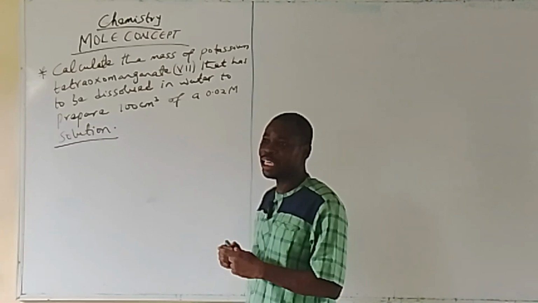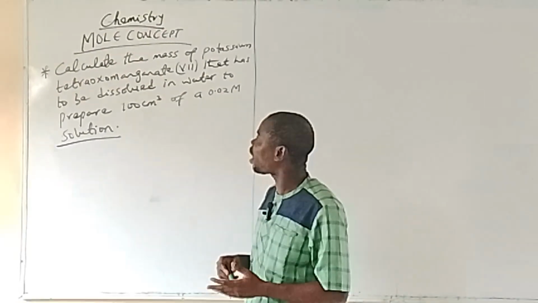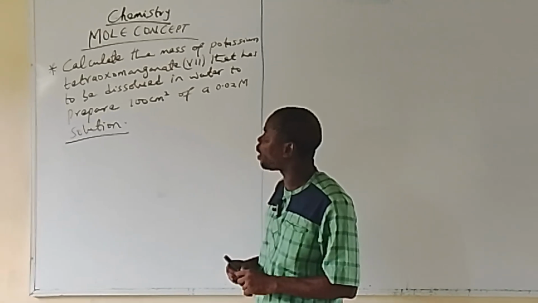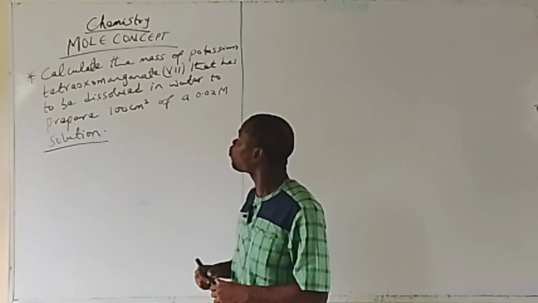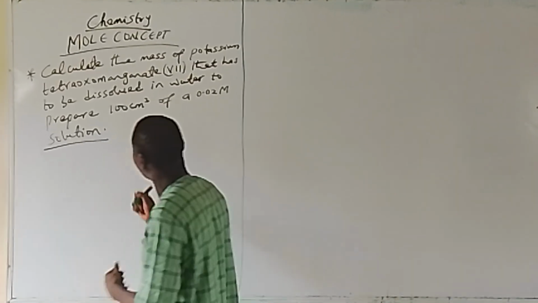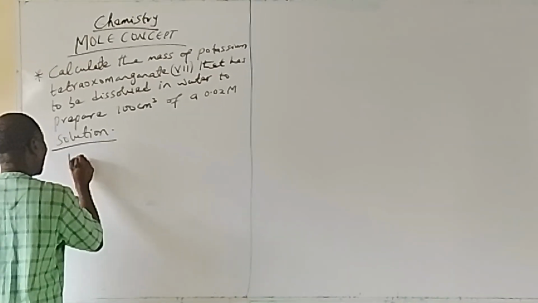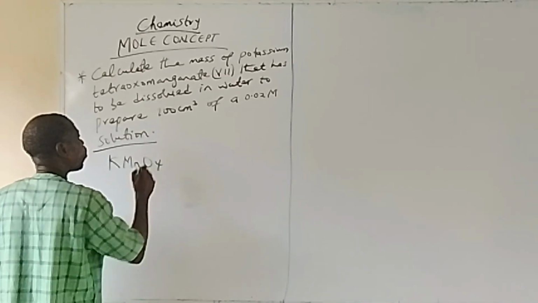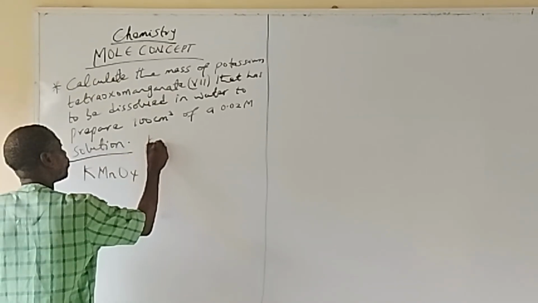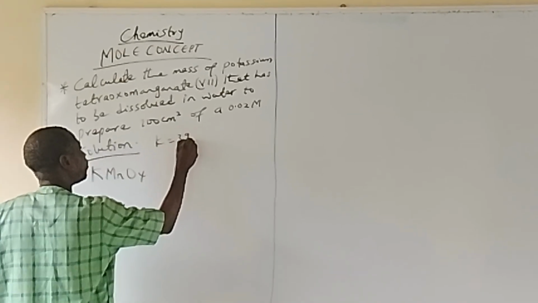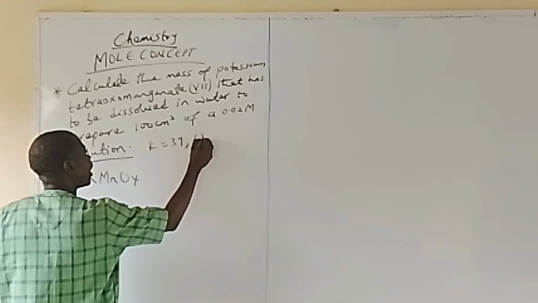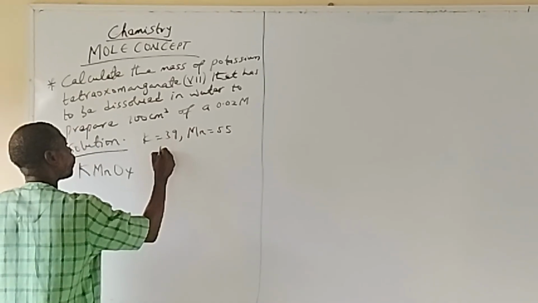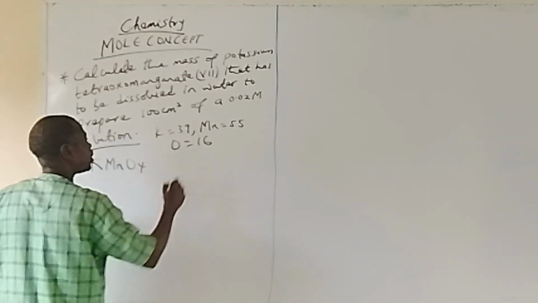So what I'm going to do here is not far-fetched. I need to write the formula of that compound. The formula of potassium tetraoxomanganate 7 is KMnO4. The atomic mass of potassium is 39, of manganese is 55, and of oxygen is 16.